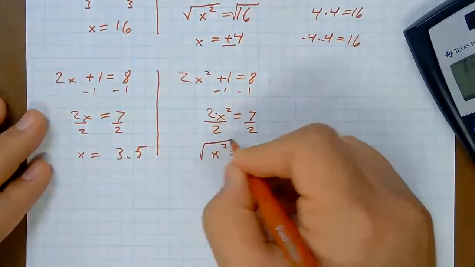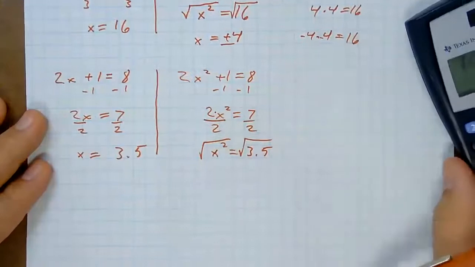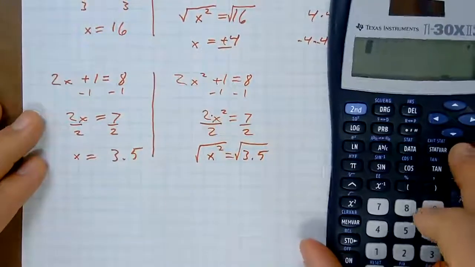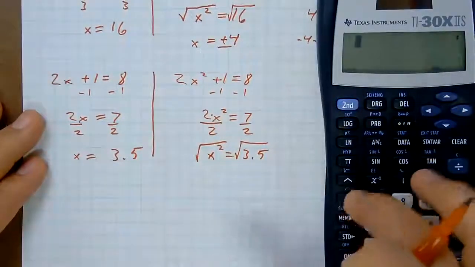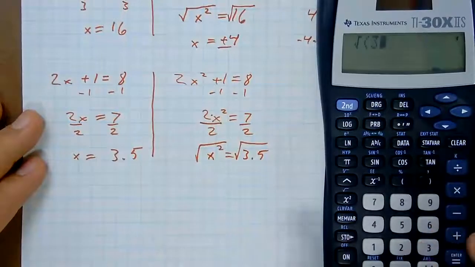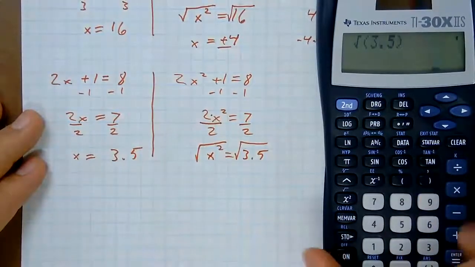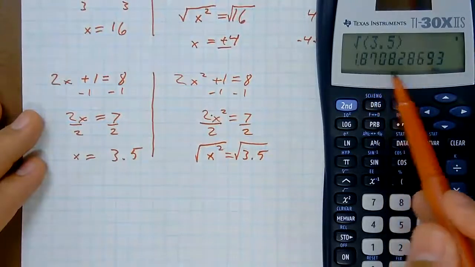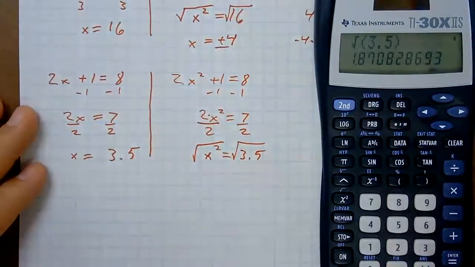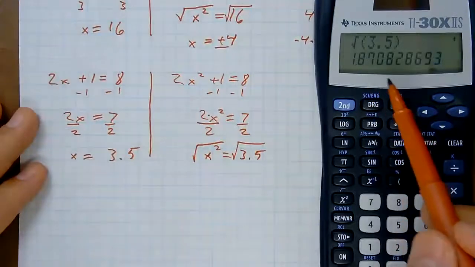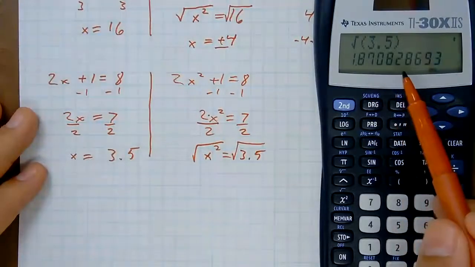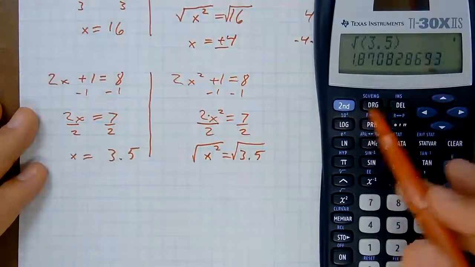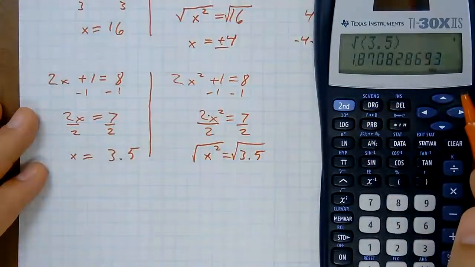Now, when we take the square root of this and plug it in, we're going to find the square root of 3.5. And what you see here is a really, really long decimal that does not repeat.